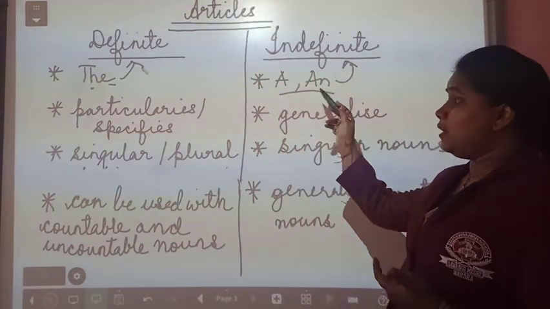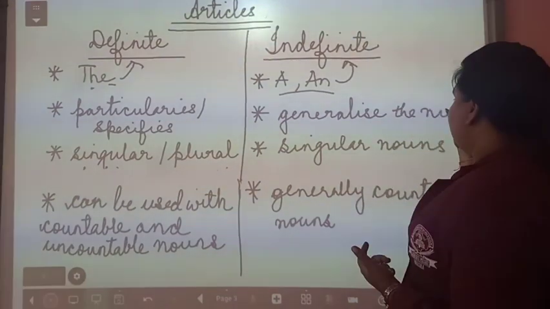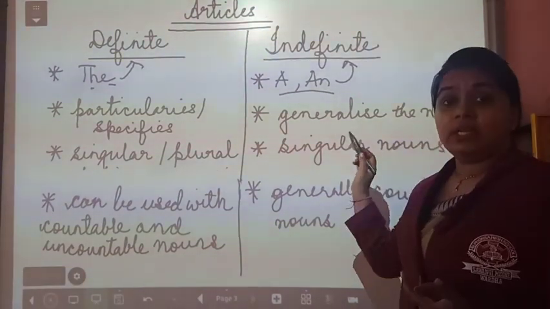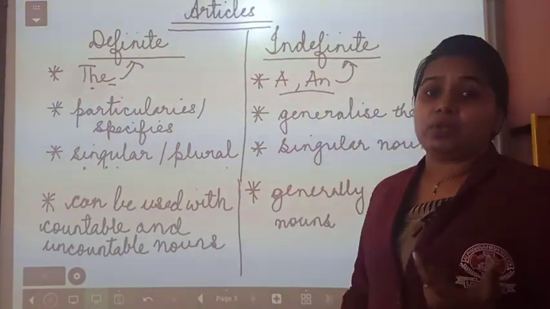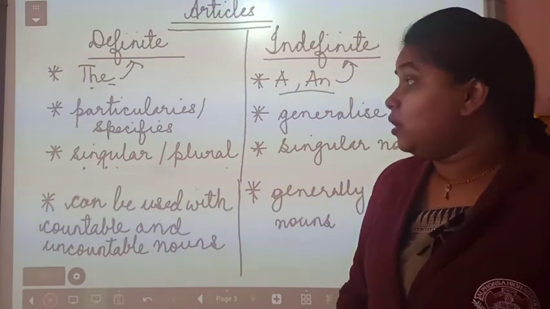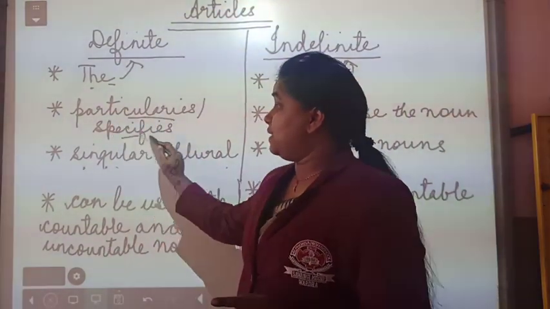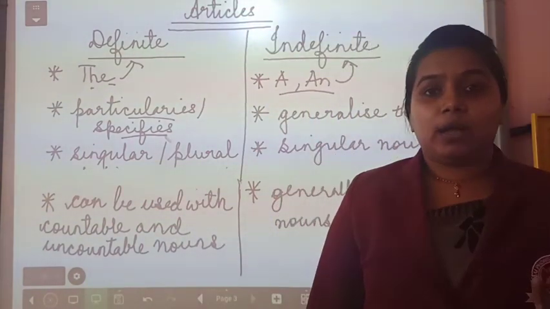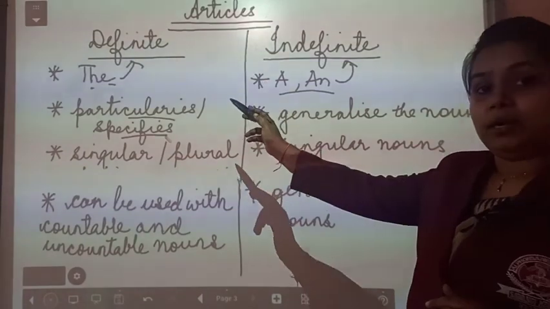A and an only generalize the noun. They are talking about the noun in general. That is why they are indefinite. They are not pointing out a particular noun, whereas the is particularizing or specifying the noun which is being referred to. That is why it is the definite article.